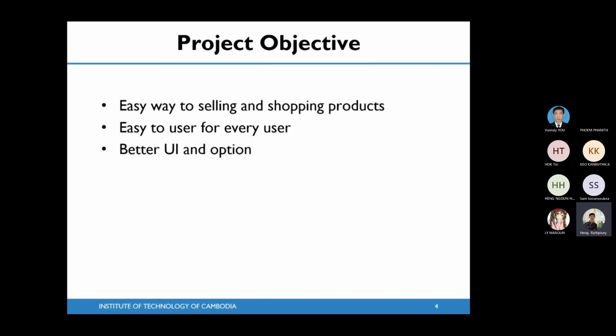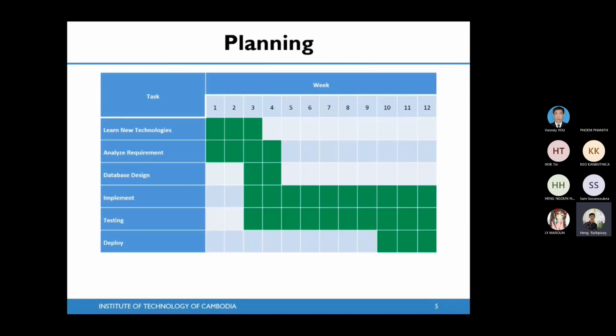The planning of the project: from week 1 to week 3, we learn new technology such as the Laravel framework. From week 1 to week 4, we analyze the requirements that the project gives us, and from week 3 to week 4, we design the database from the requirements.